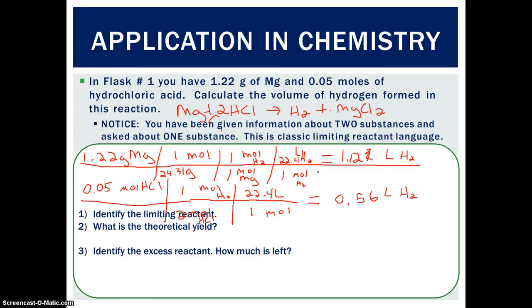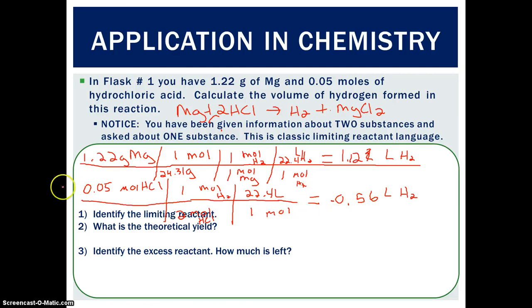Which one am I going to run out of first? So just like we did with the lemonade example, we're looking for our smallest number. From the 0.05 moles of hydrochloric acid, we can only make 0.5 liters of hydrogen, because we'll run out of hydrochloric acid after that.